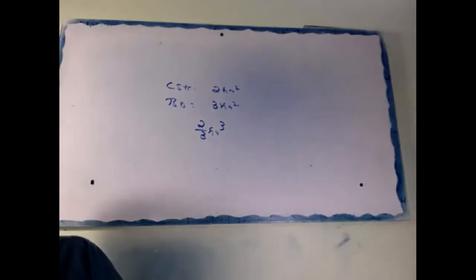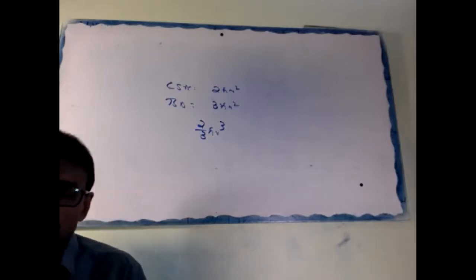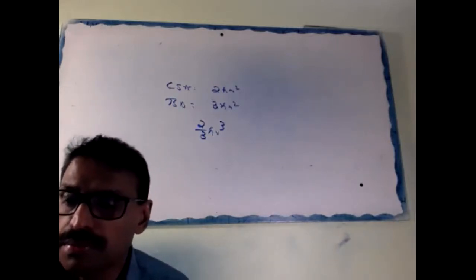Cuboid, TSA, 2 times LB plus BH plus LH. LSA, 2 times L plus B into H, that is base perimeter into height. Volume is LBH. Diagonal root of L square plus B square plus H square. I hope cuboid, everyone clear now.